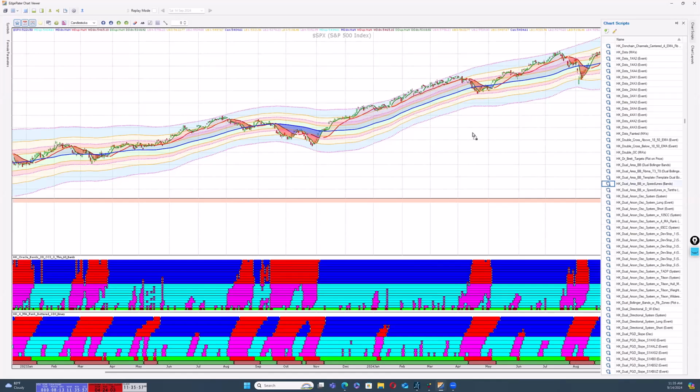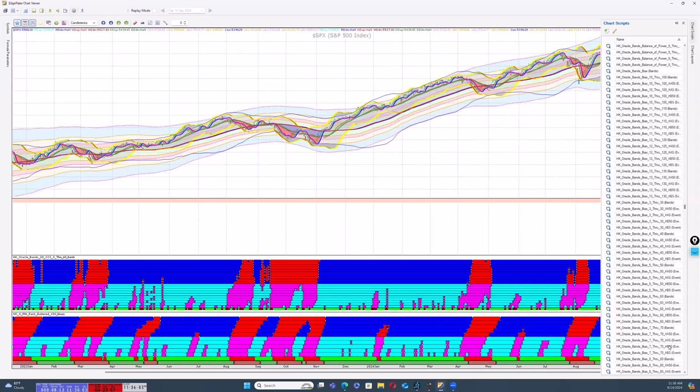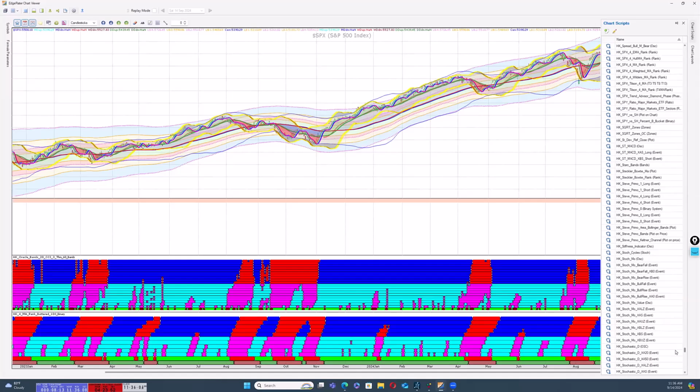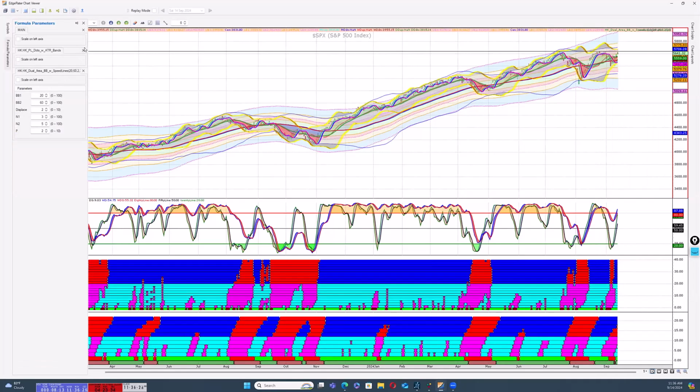Okay. Draw that up. I hit the wrong one here. Let me go back to slow stochastics. Drag that back. So now this one, I want to take out the ATR bands.